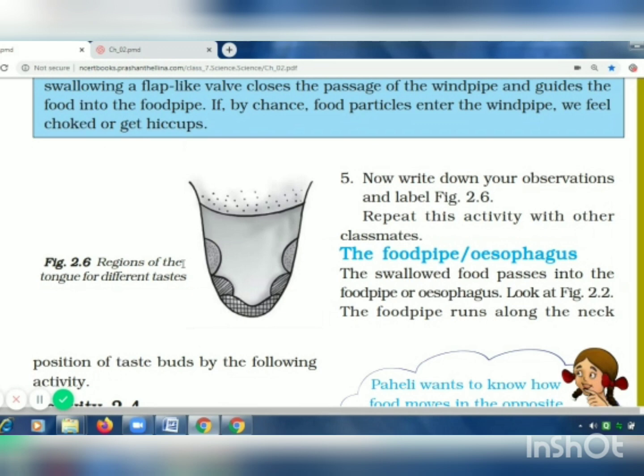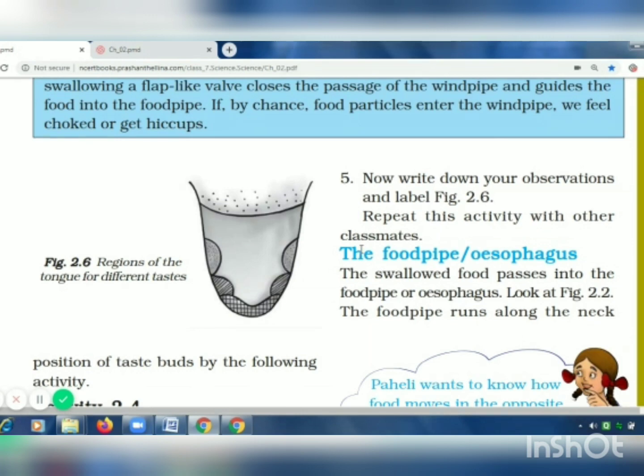After that, you have to label figure 2.6, which shows the different regions where taste buds are present. You have to mark the place where you kept each food item, salty or sweet, and the places where you found the taste buds.